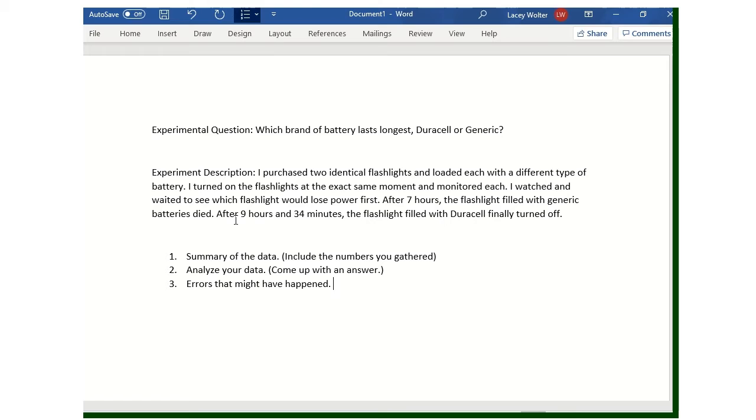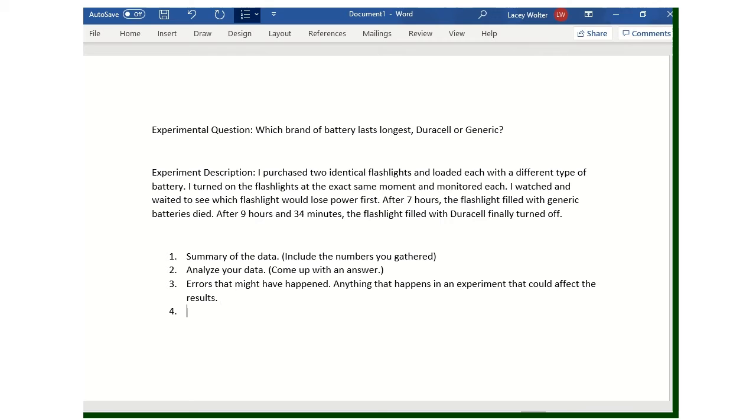Or maybe I did not pay attention to all of my control variables. Maybe I did not keep the flashlights at the same temperature. That probably could have affected it, right? Really, an error is basically anything that happens in an experiment that could affect the results, okay? Make them so they're not necessarily the best numbers.